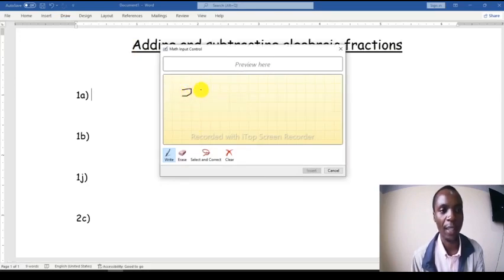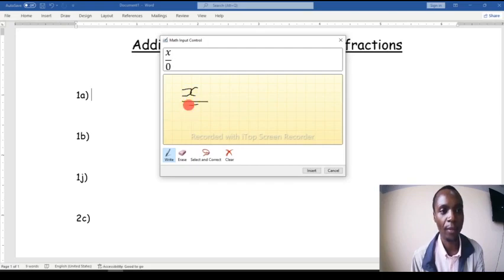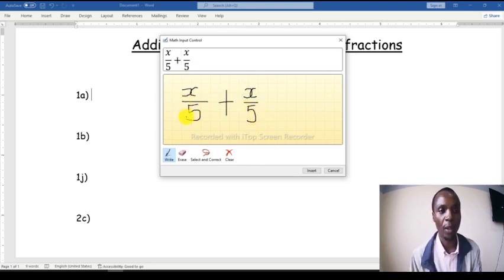So 1a is x over 5 plus x over 5, like this. When we have two fractions with the same denominator like this, it's very easy.